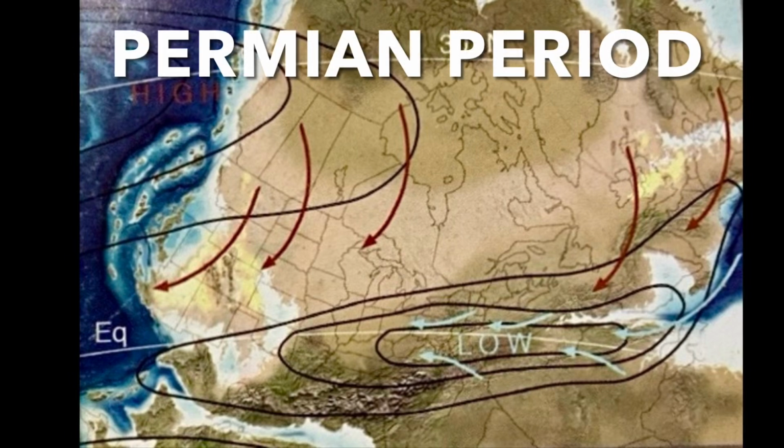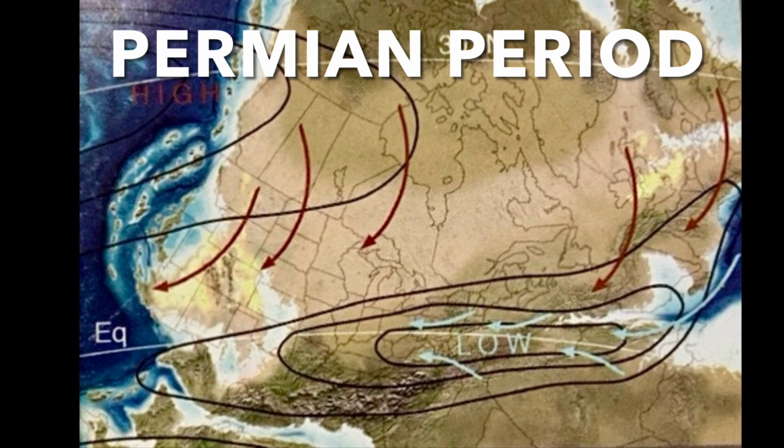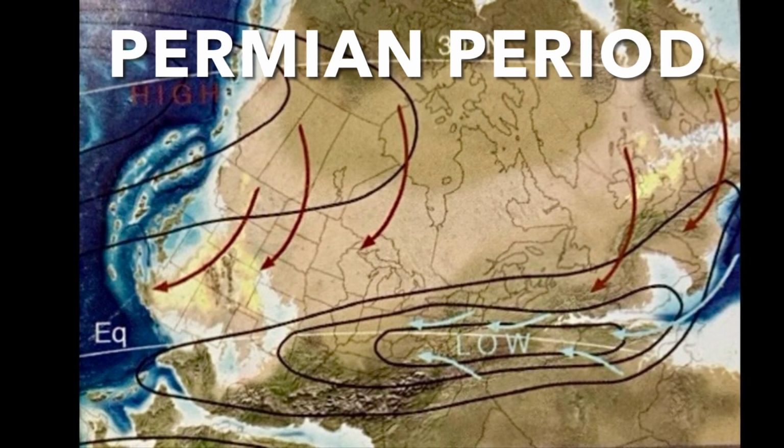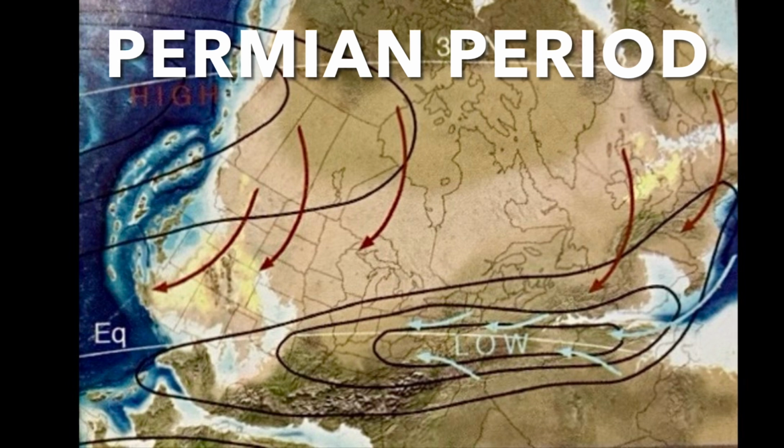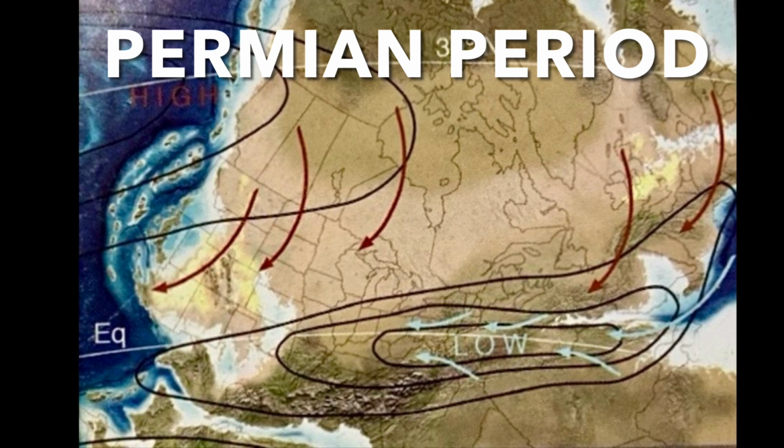During the Permian period, which lasted from about 300 million years ago to about 250 million years ago, the supercontinent Pangaea had been completely assembled, and the Grand Canyon area had migrated up into the hot, dry northeast trade wind belt just above the equator.